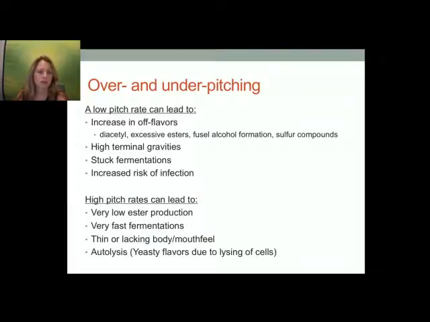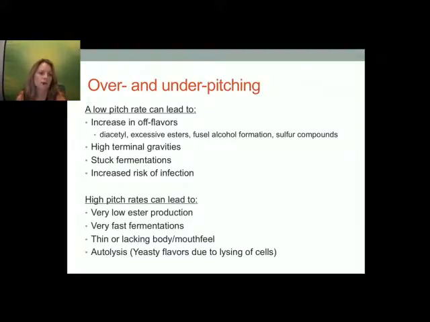So why is pitching rate so important? Over pitching and under pitching can lead to different outcomes for your beer. A low pitch rate, one that's under pitching, can lead to an increase in off flavors, including diacetyl, which is buttery, excessive esters, which can be fruity or floral, fusel alcohol formation, which can be perceived as alcohol warmth or heat, and then sulfur compounds, which can be like refined oil or rotten eggs.